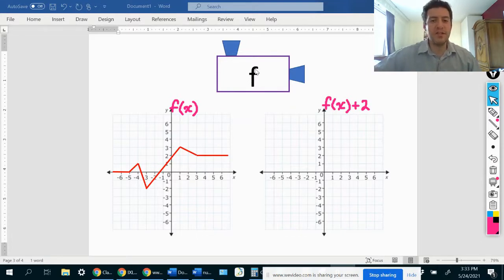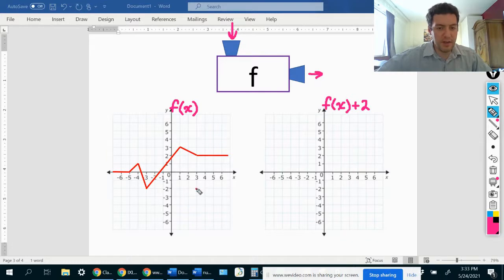We have this machine, this function machine, which takes a number, and what you do is you put the number in here and then the machine cranks it up and then spits a number out. Okay? So for example, if we put the number 3 in here, then the machine would do whatever it does, and then it's going to spit out the number 2.